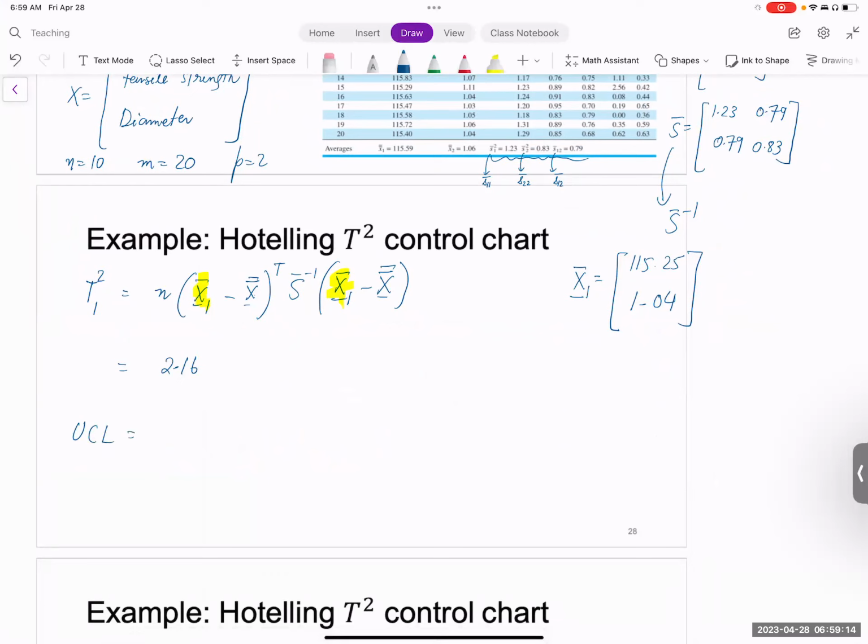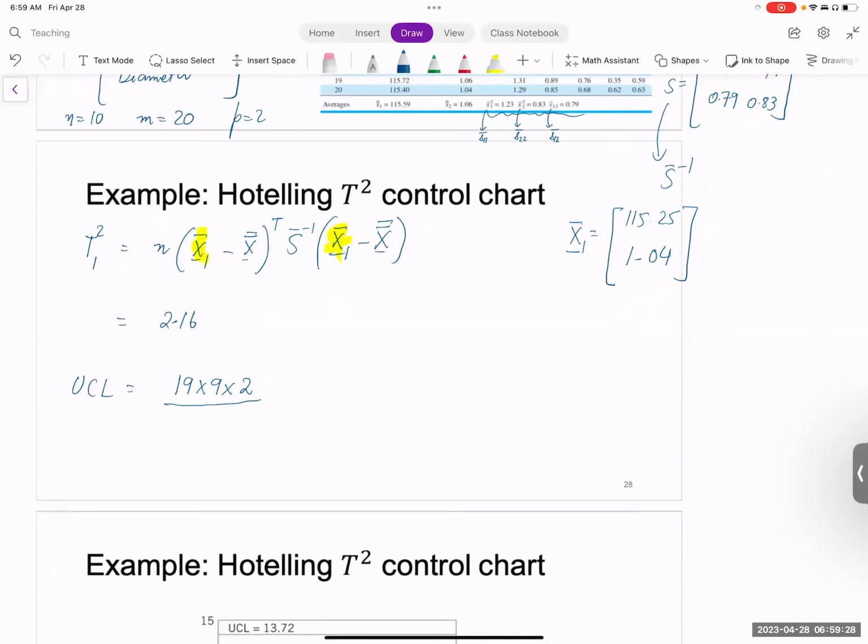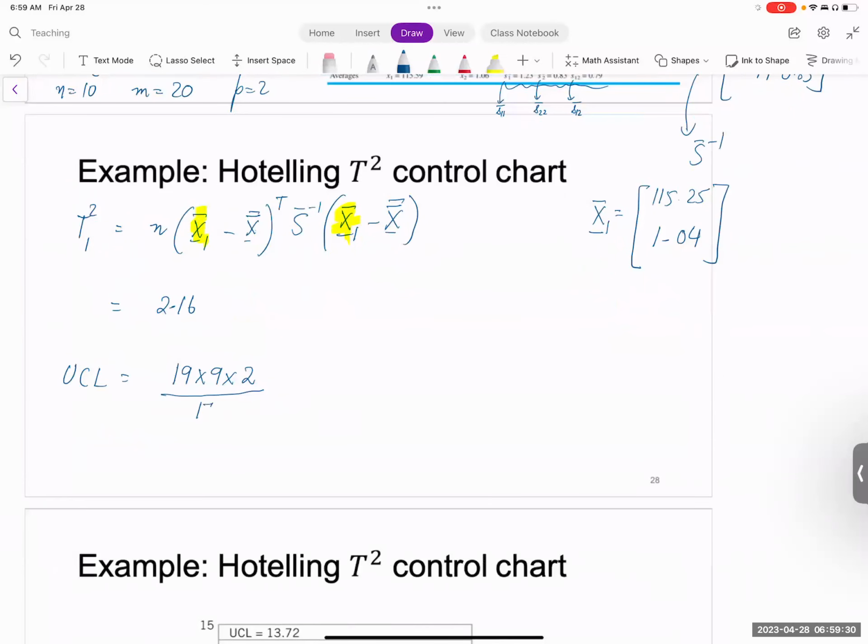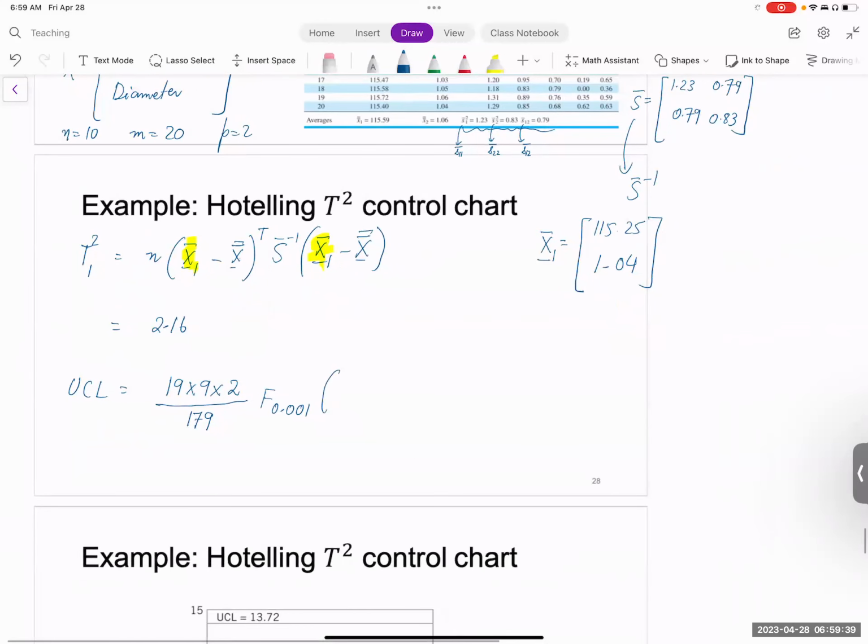UCL is equal to m minus 1, which is 19, times n minus 1, which is 9, times p, which is 2, divided by m times n minus 1 plus 1 minus p, which you compute as 179. Then you have F alpha is 0.001, p is 2, 179, and if you compute this, you'll get 13.72.